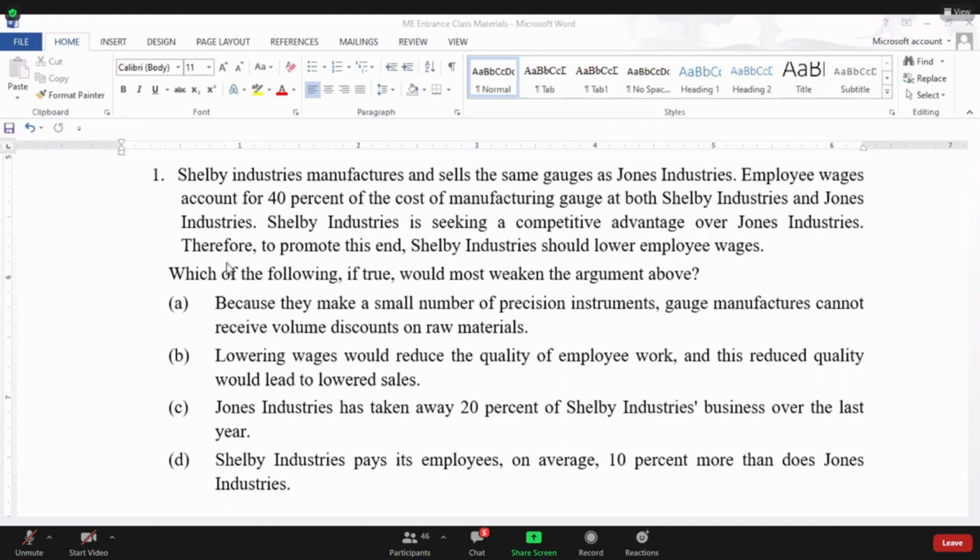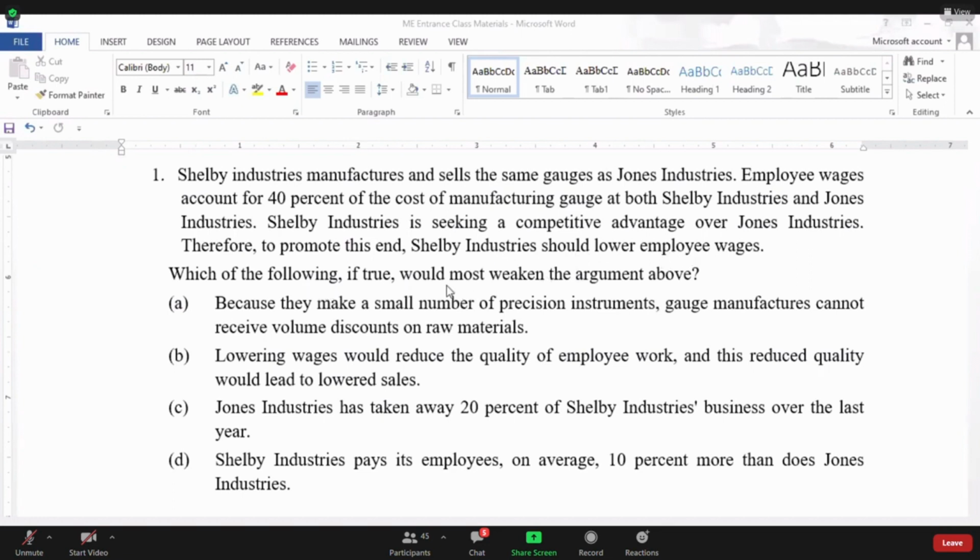Now, the conclusion is, therefore, to promote this end, it means to meet this purpose. What is the purpose of Selva Industries? To have more profit than Jones Industries. In order to meet this purpose, the conclusion is Selva Industries should lower employee wages. So this is the conclusion, this is the main idea, this is the argument.